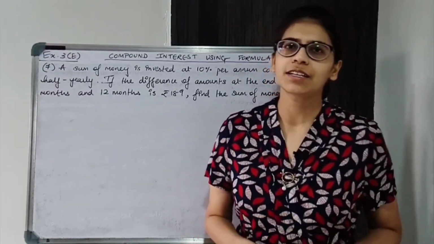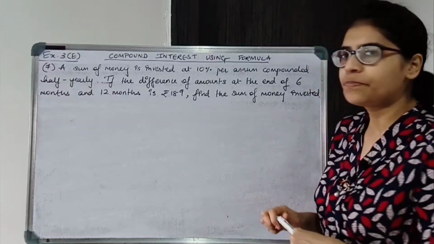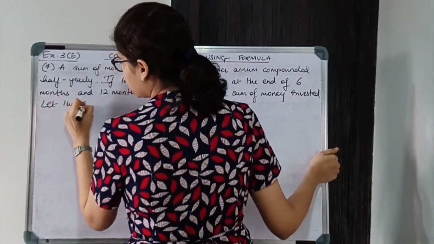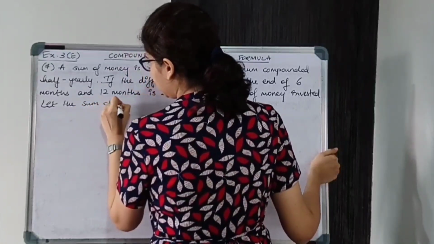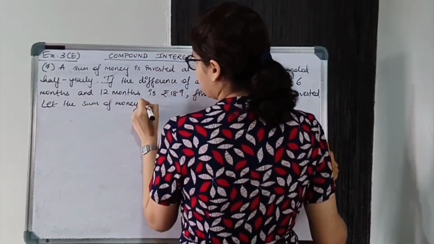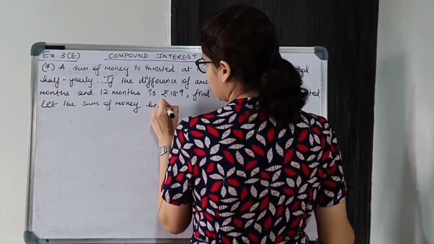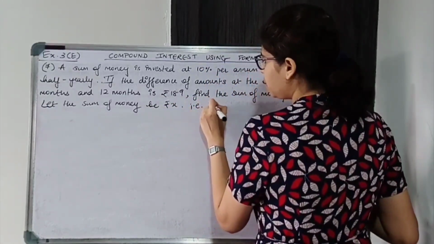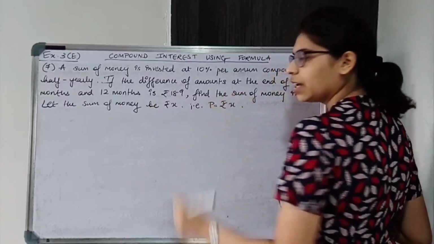So we'll directly start with the solution. It's very easy. Let the sum of money be x rupees, that is, principal is equal to x rupees.